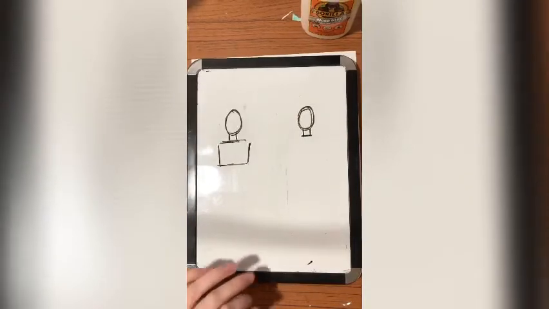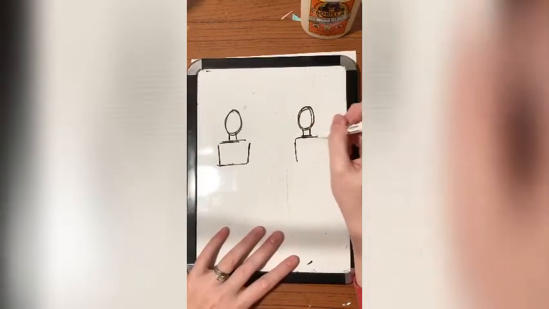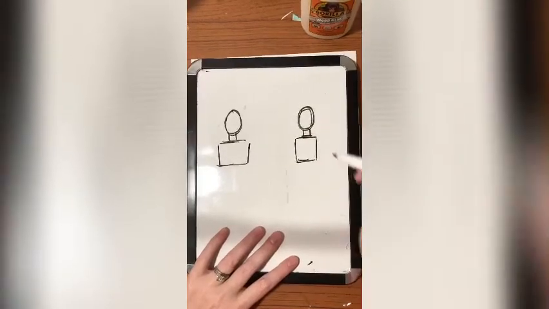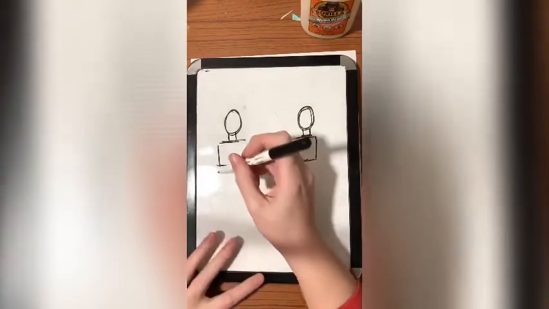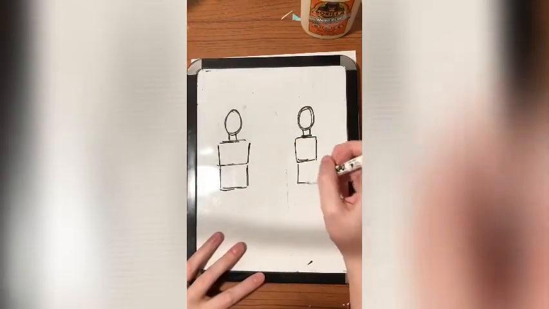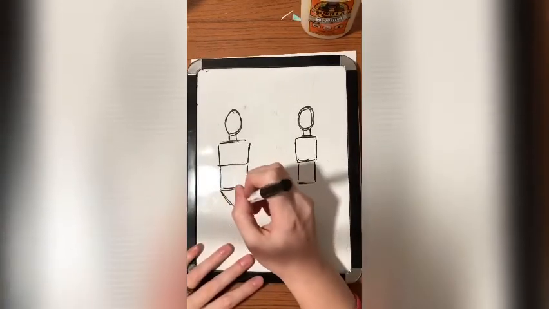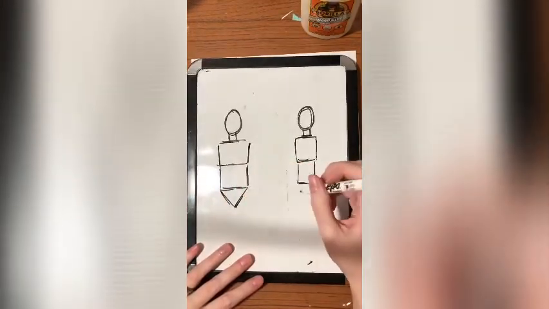Then we're going to do a square, or maybe kind of like a trapezoid. This is a side view, so we're just going to be a little shorter. Go ahead and make the torso. Make a triangle.